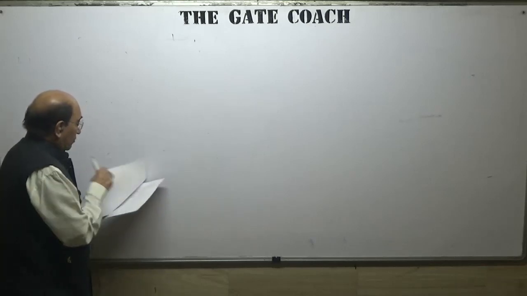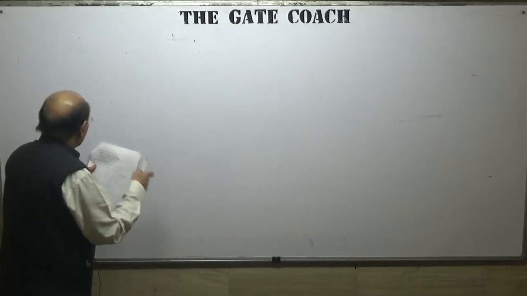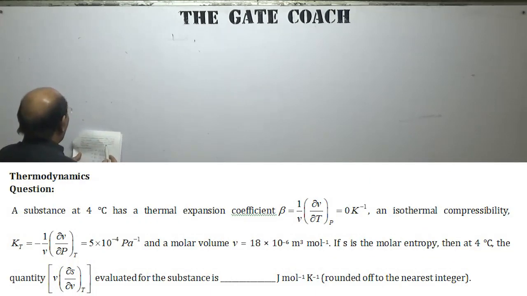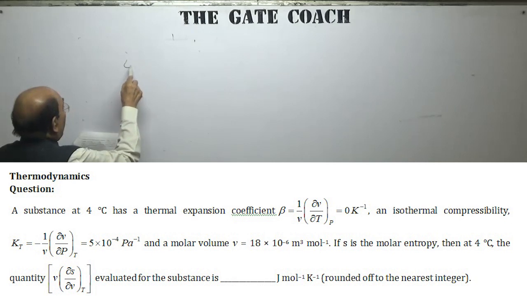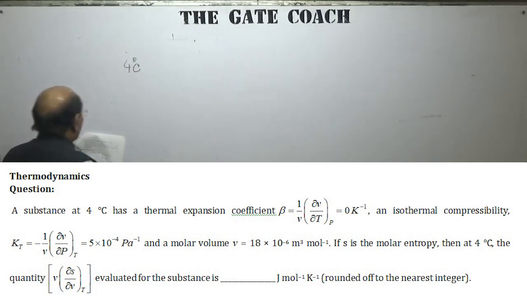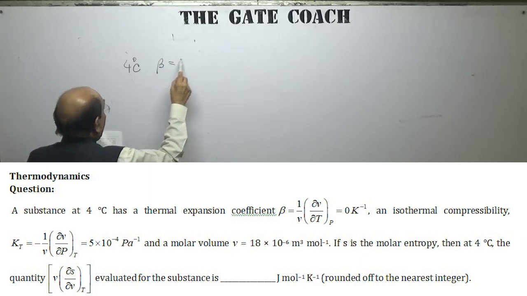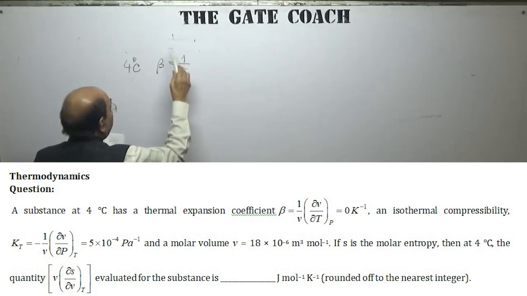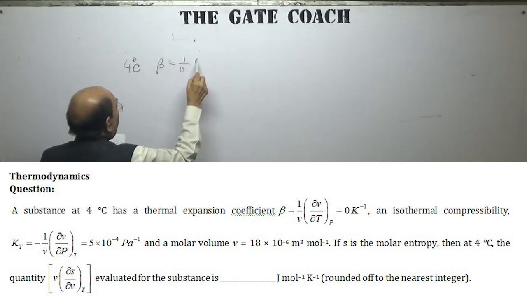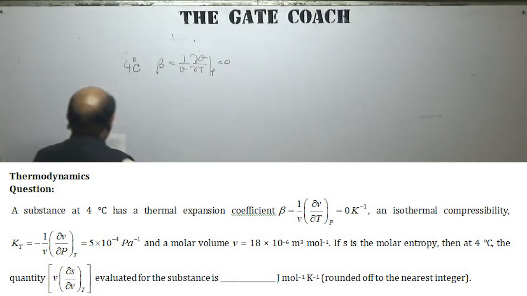Second question on thermodynamics. At 4 degrees centigrade, the coefficient of expansion beta, which is 1 upon V del V by del T at constant pressure, is given as 0.